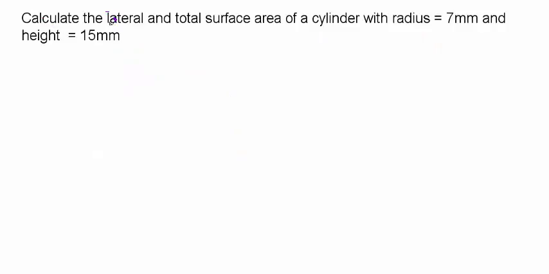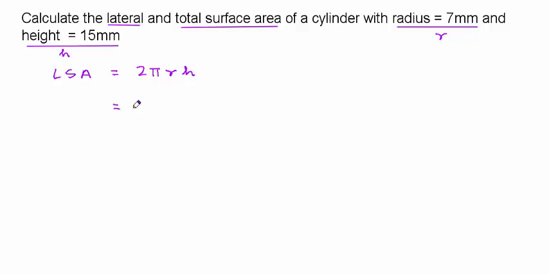This time, let's try and calculate the lateral and the total surface area of a cylinder whose radius is 7 millimeters and height is 15 millimeters. We know that the formula for the lateral surface area for a cylinder is equal to the circumference of the circle, which is 2 times pi times the radius, multiplied with the height, h.